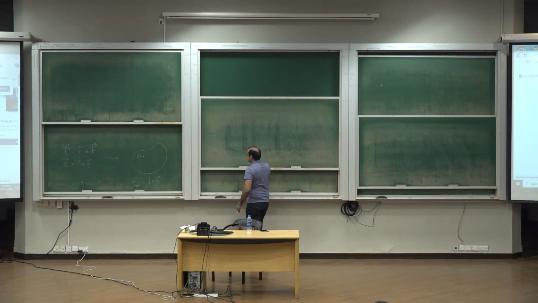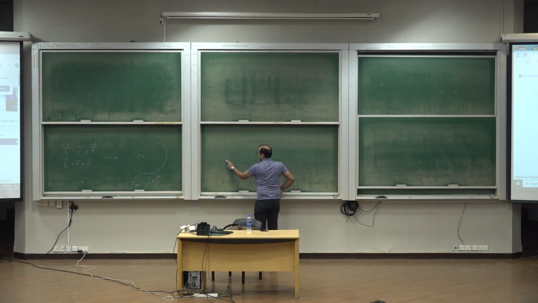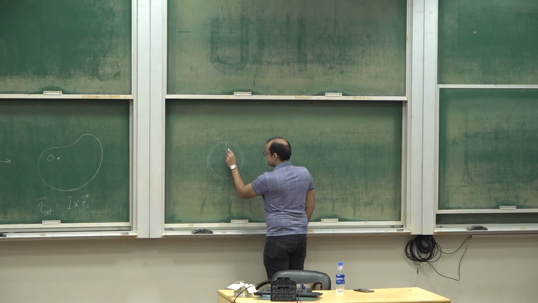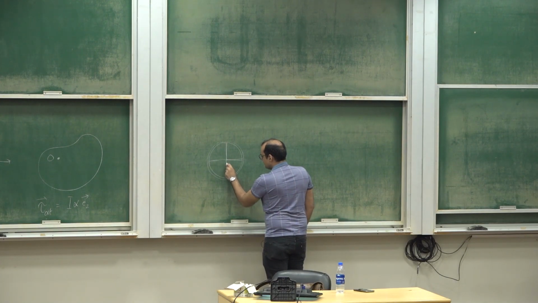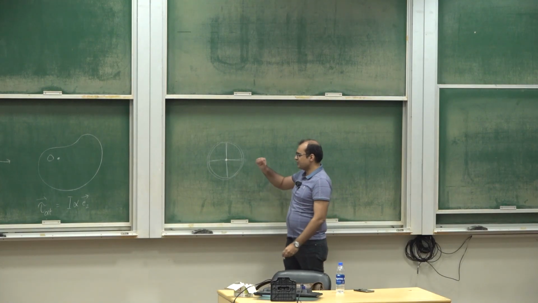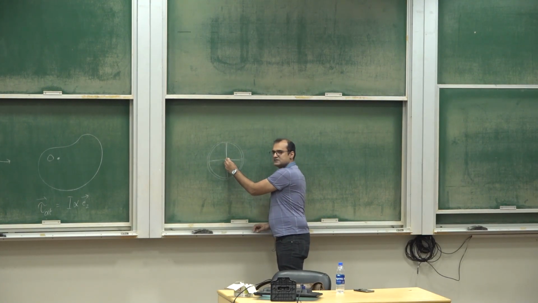I gave you one very simple example: a ring with some light spokes, and the ring can just rotate about this point. So you have nailed the ring to the wall, for example, over here.